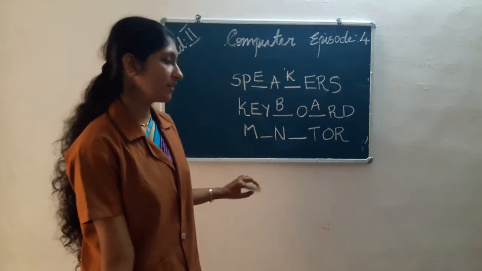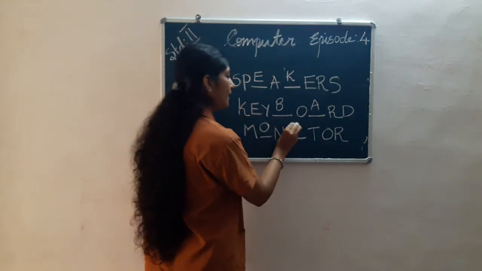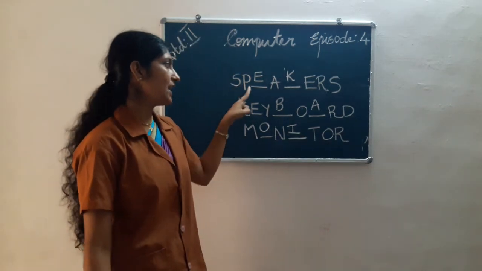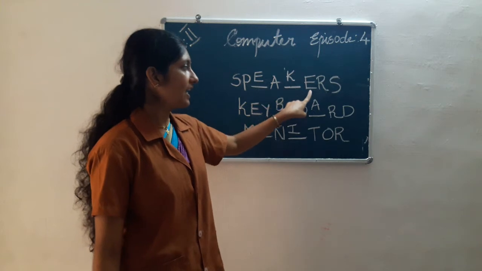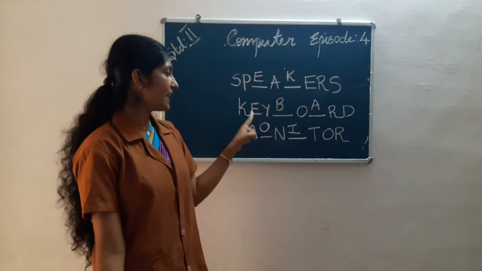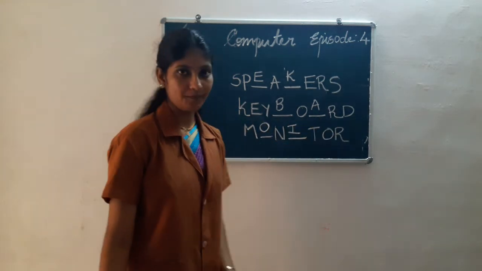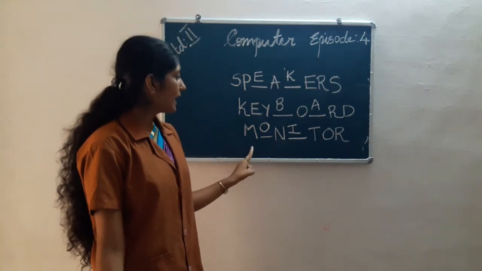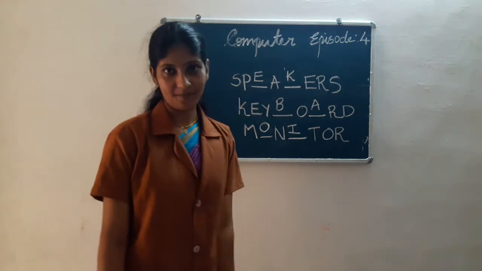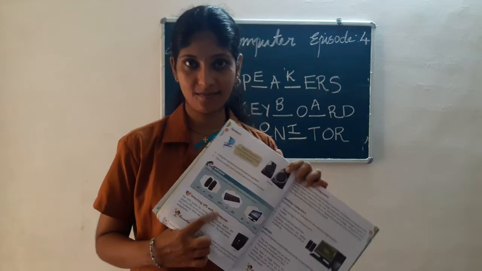M, O, N, I, T, O, R. Monitor. So speaker spelling is S-P-E-A-K-E-R-S. Keyboard is K-E-Y-B-O-A-R-D. Then monitor, M-O-N-I-T-O-R. Right? Okay. So fill in these words.